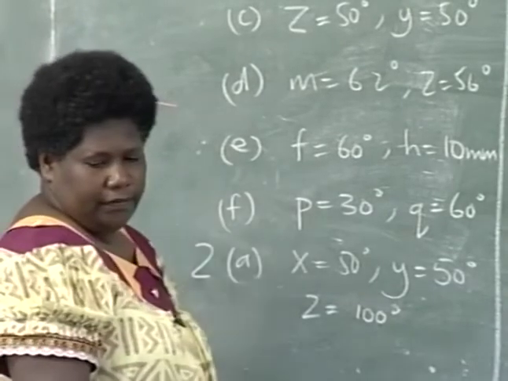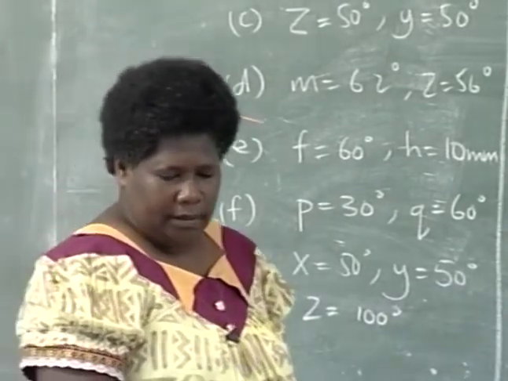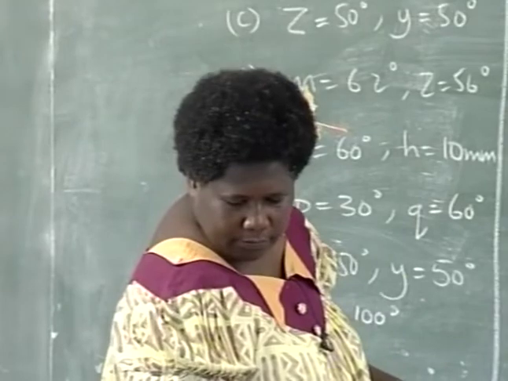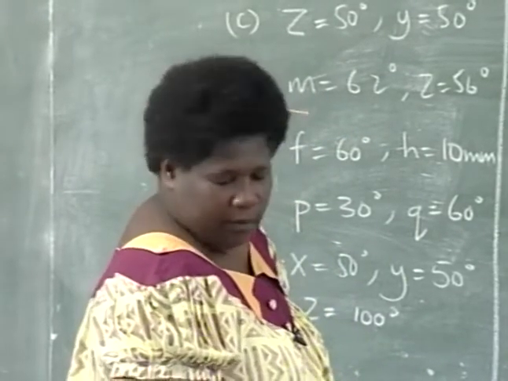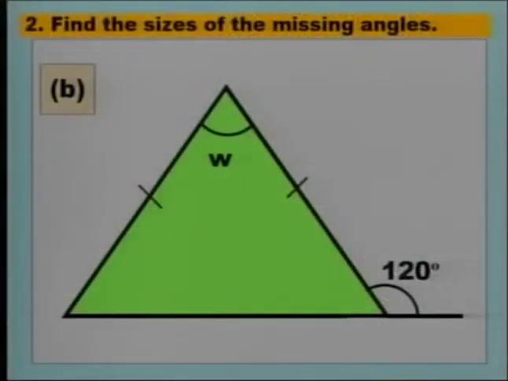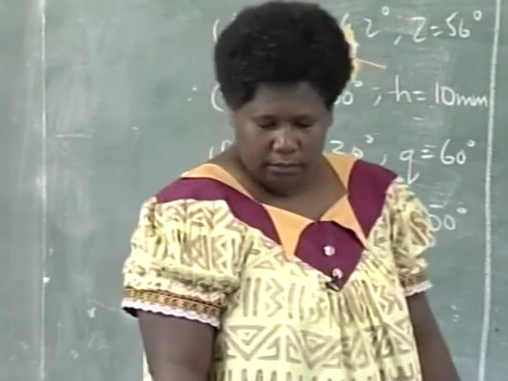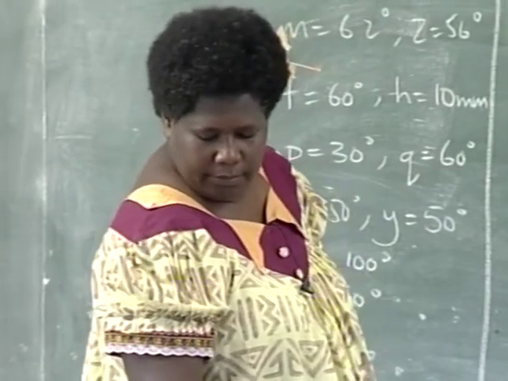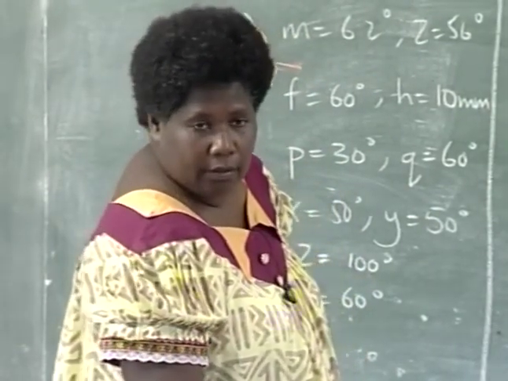Okay, X is 50, Y is 50, and Z is 100 degrees. Good. Letter B. W equals 60 degrees. W is equal to 60 degrees. Okay, it's actually an equilateral triangle.